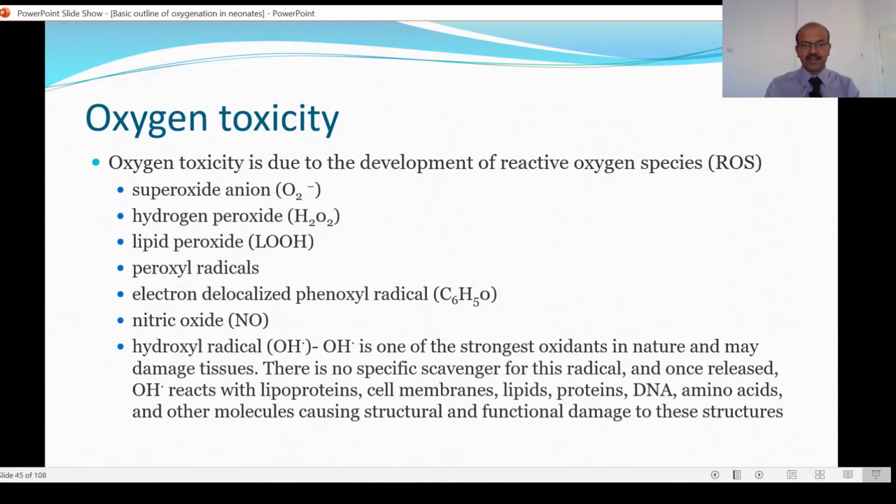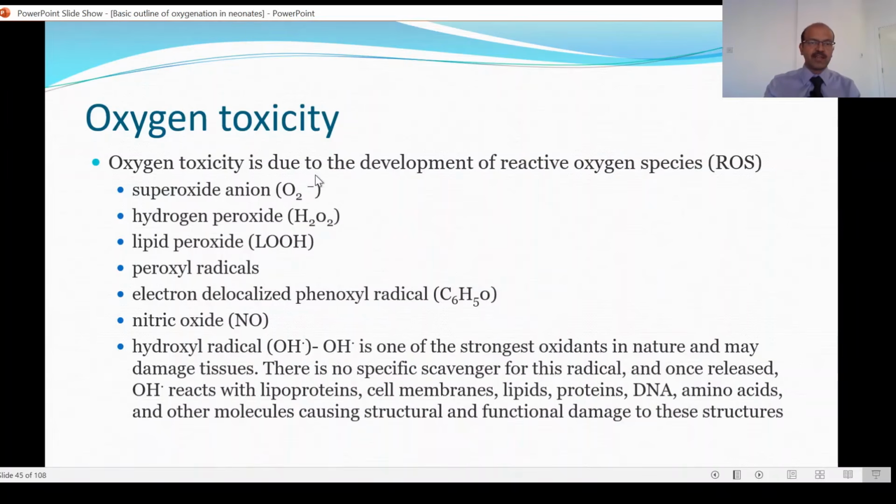So the hydroxyl radical, represented as OH dot, is one of the strongest oxidants in nature, and it may damage the tissues. There is no specific scavenger for this radical, and once released, it reacts with the lipoproteins, the cell membranes, the lipids, DNA, amino acids, causing structural and functional damage. So this is a reflection of how the free radical injury causes tissue damage.